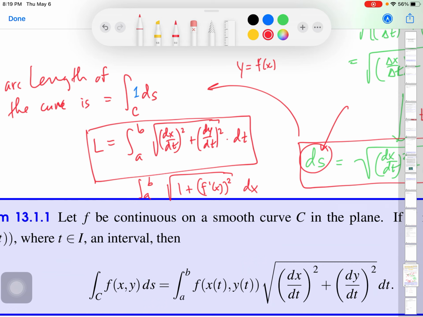Then you can parametrize your curve as x comma f of x. If you parametrize it that way, then x is like your t, and this is your f of t. So dx/dt is 1, hence the 1 there. And dy/dt becomes dy/dx, that's your f prime, hence the f prime there.